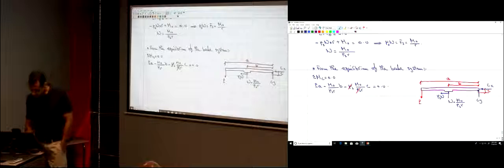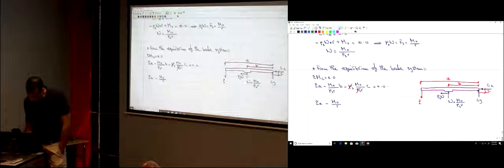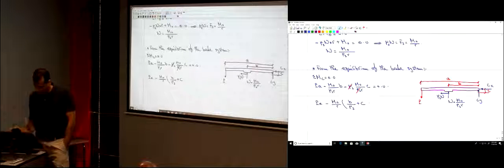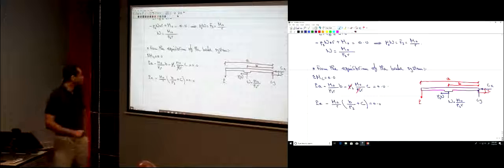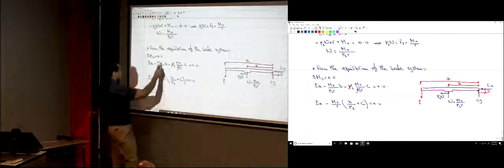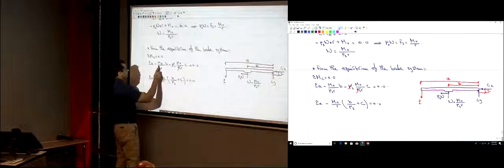So here we have P A minus m naught divided by r multiplied by P divided by mu s plus C. There are two common factors here.